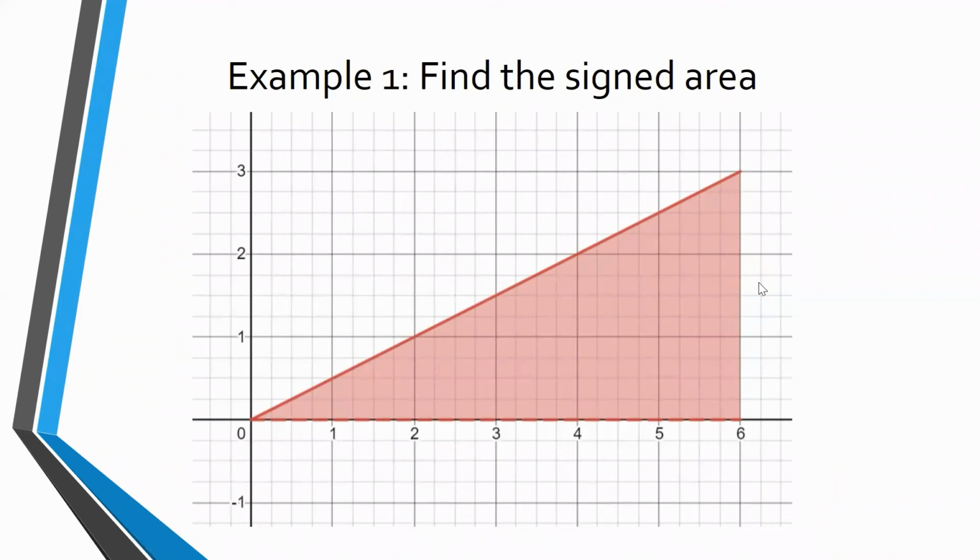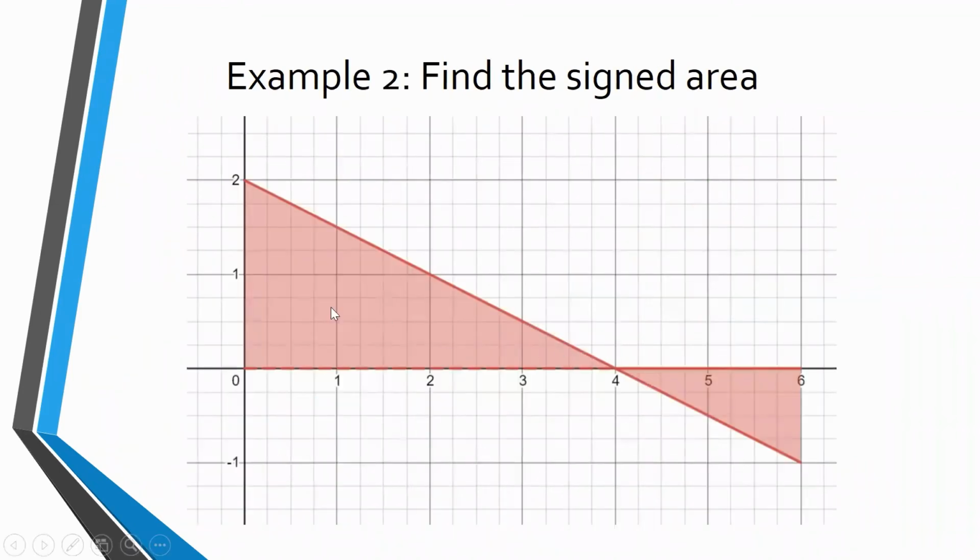Now that we've seen that, we can think about what the signed area for other shapes is. Let's take a line with slope negative 1/2 that goes through the point (0, 2). If you wanted an equation for this line, it would be y equals negative 1/2 x plus 2. I want to find the signed area between this line and the x-axis.